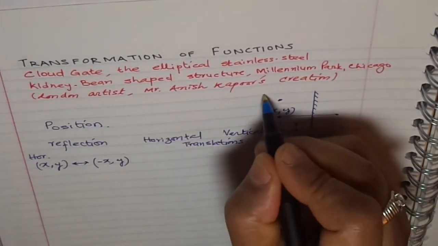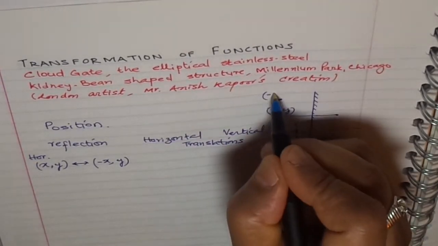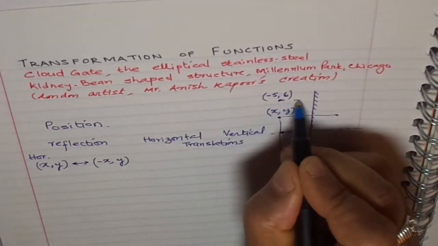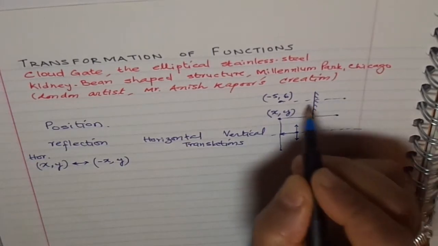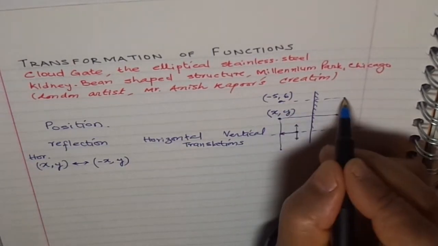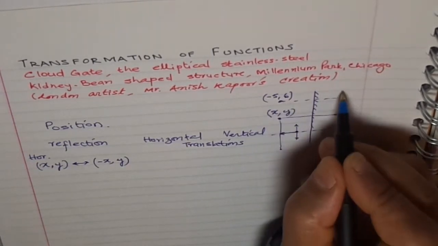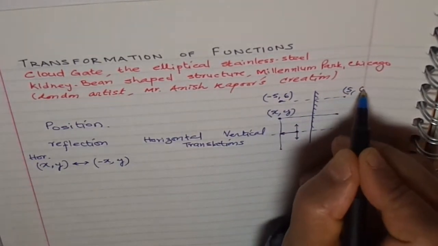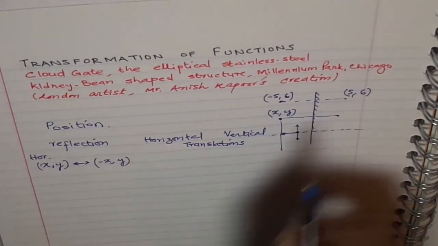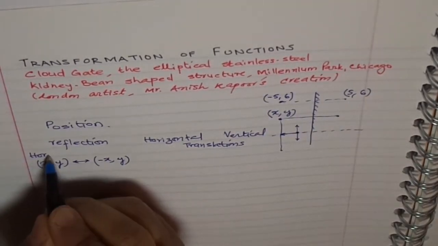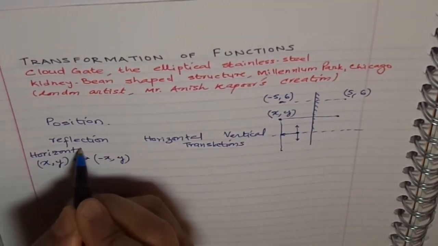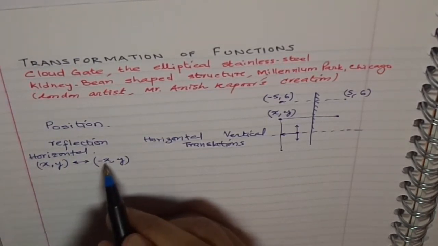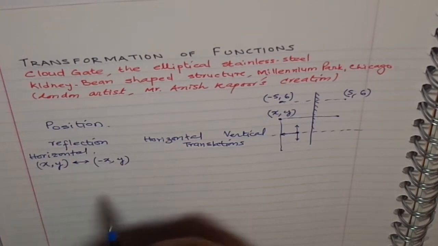Let's say this point is -5, 6. And if it gets reflected horizontally, then its reflection, which is the image of this point, will be what? Negative of this, which is 5, but 6 remains the same. Do you see? So we could call horizontal reflection a change in x value. It becomes negative of x value, y remains the same.